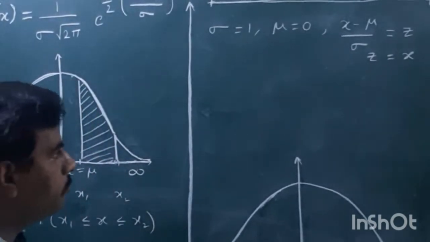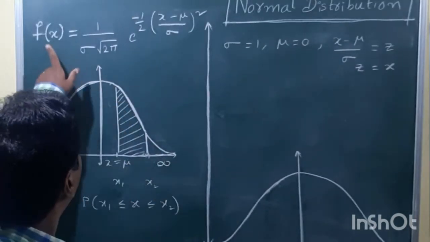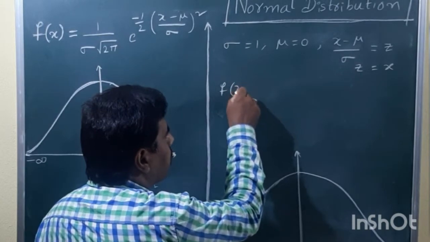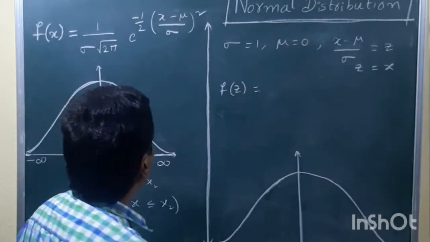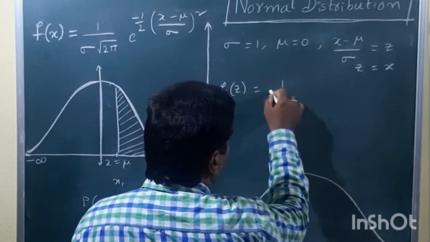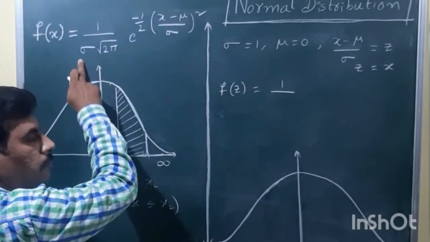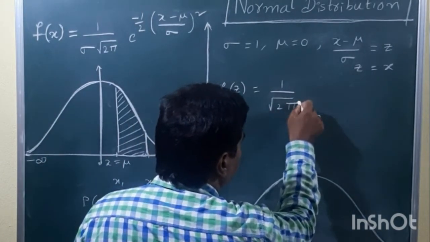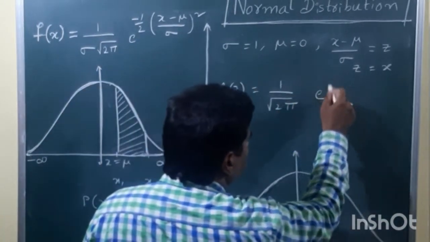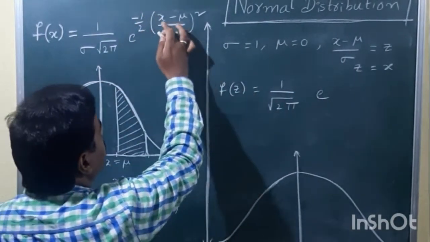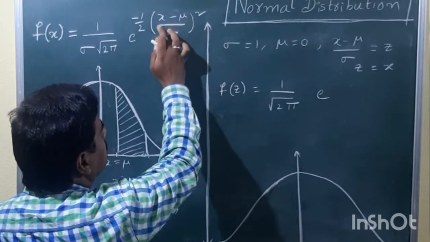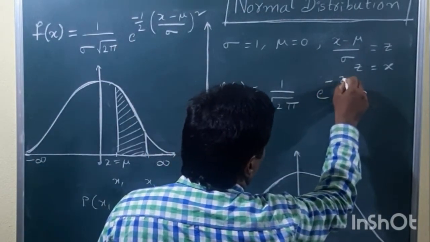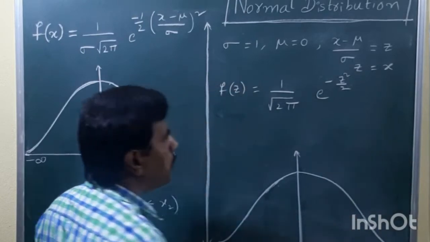Now the probability density function will be changed to the new function in terms of z, as f of z is equal to 1 by sigma square root of 2 pi, but the value of sigma is 1, so 1 by square root of 2 pi e power of minus 1 by 2 into x minus mu, where mu is 0 and sigma is 1, so x square, x is z, therefore minus z square by 2.